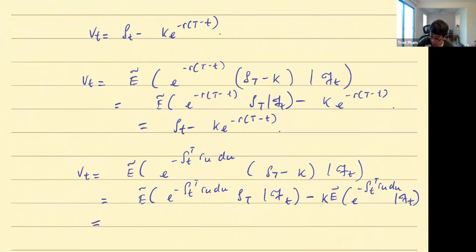Notice, however fancy you want to write this, this is still a discounting factor. This is still a discounting factor. Therefore, this would still be S little t.